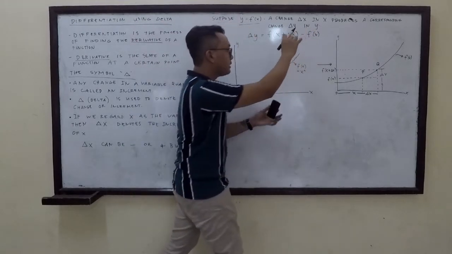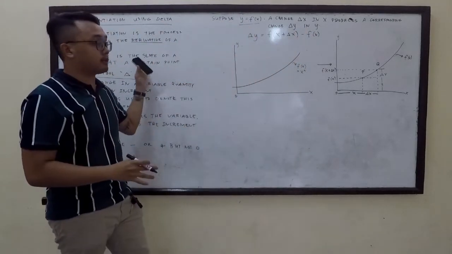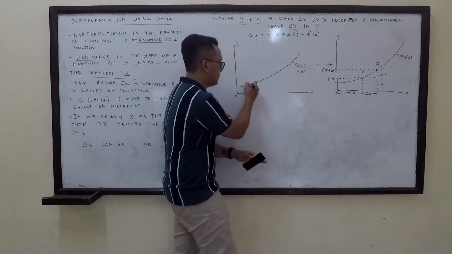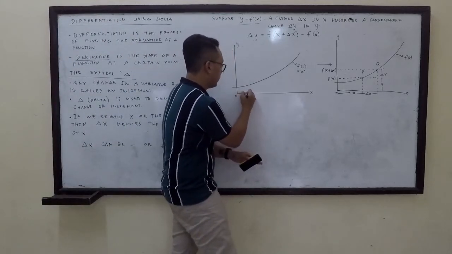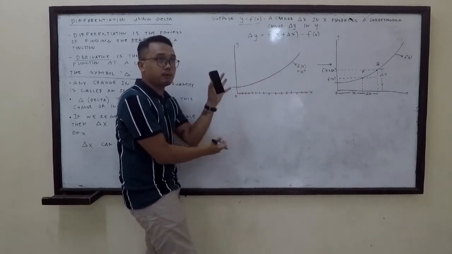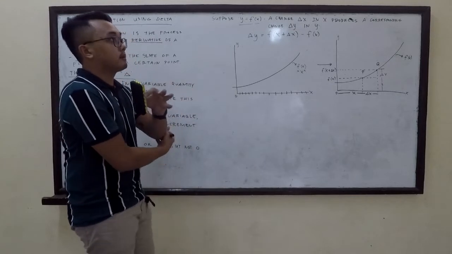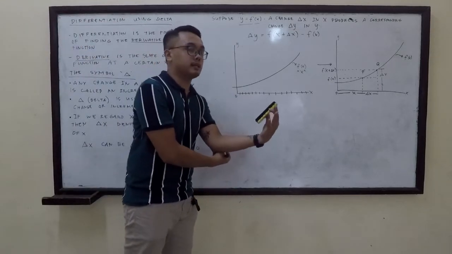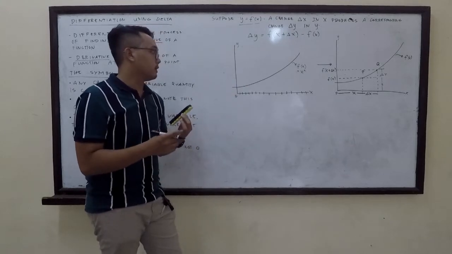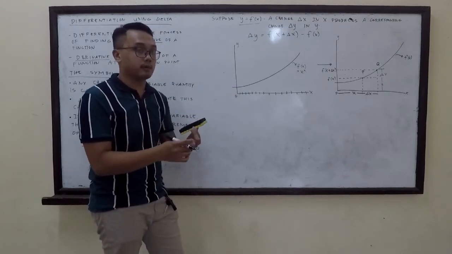So for curves like that, the main purpose of derivatives is to get the rate of change, for example, relative to the value of x. This relates to physics, right? In physics, we have displacement or distance, and then velocity or speed.